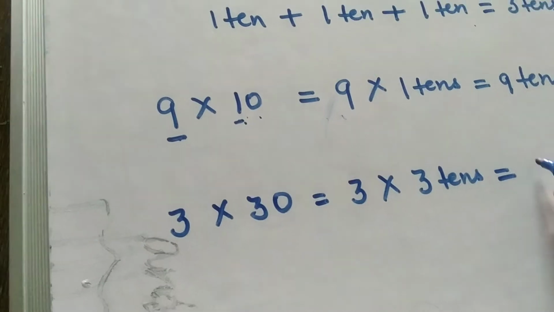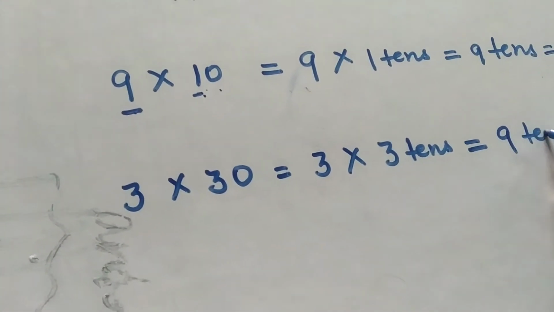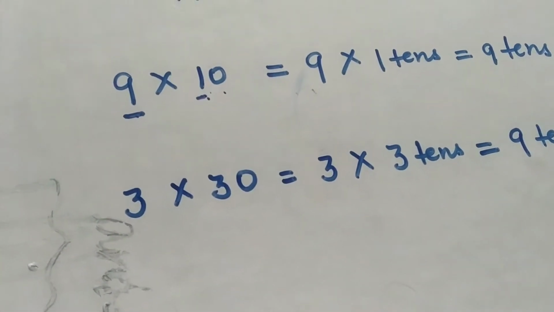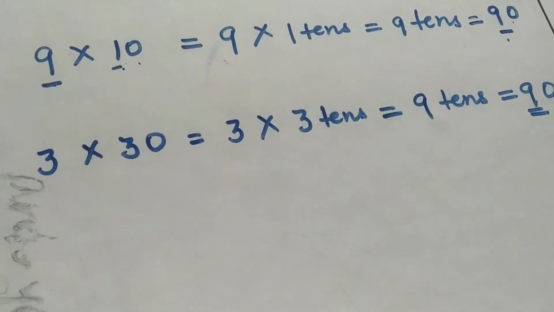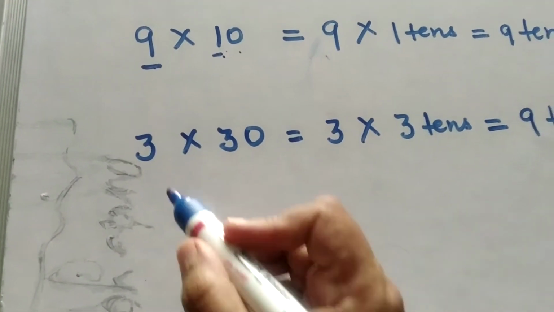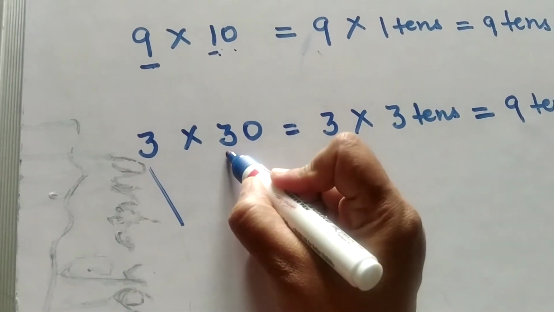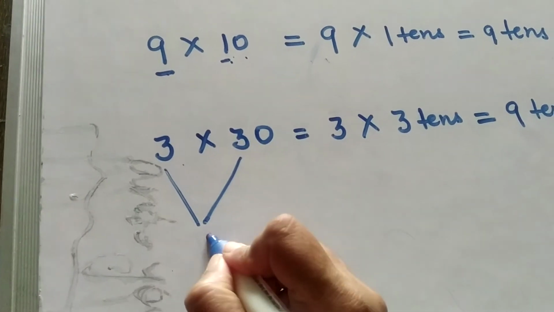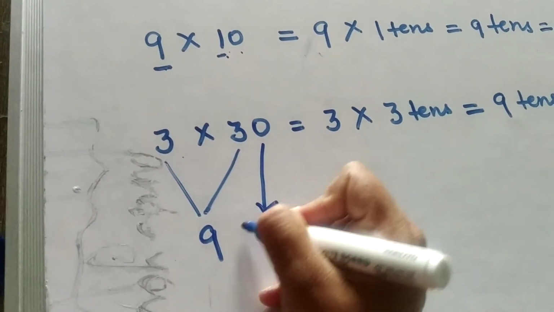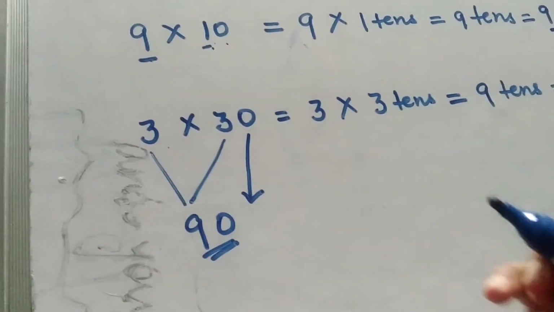Now 3 into 3 is 9. So it becomes 9 tens, and the answer becomes 90. So in other words, if we multiply the first two numbers, 3 into 3 is 9 and the 0 as it is, it will become 90.